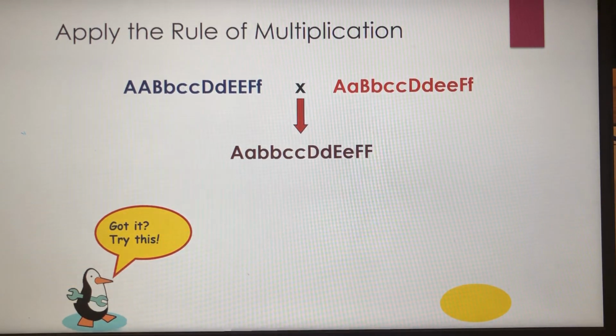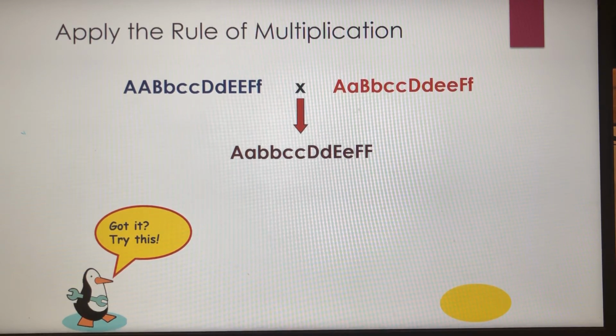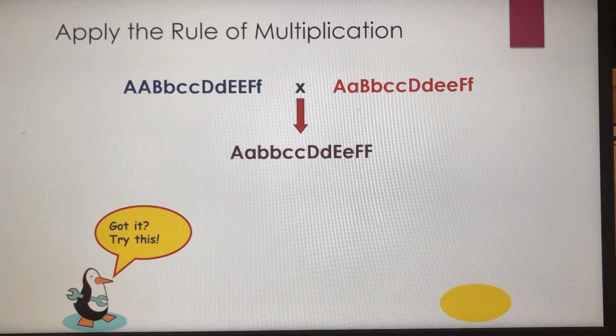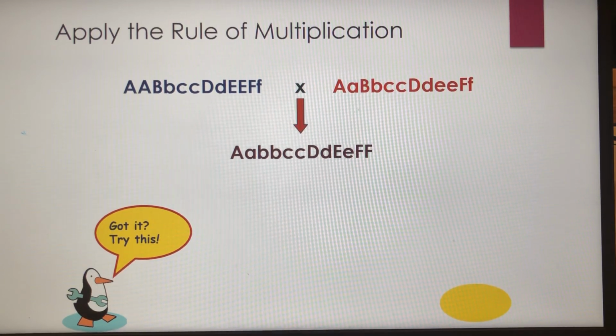But you could also do the way I showed you where you do the rule of multiplication, and if you have two heterozygotes, and they want to know the chances of getting a heterozygote, that's where you're going to have to apply the rule of addition. However, we are just going to do it with the Punnett squares to keep it simple because I find this is probably the easiest way for most of you guys to get this the fastest and the easiest.